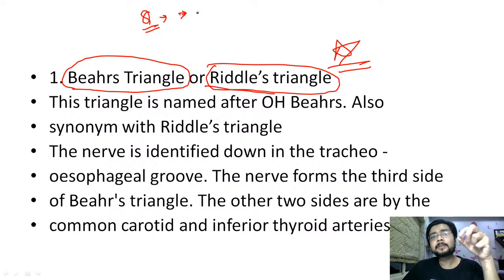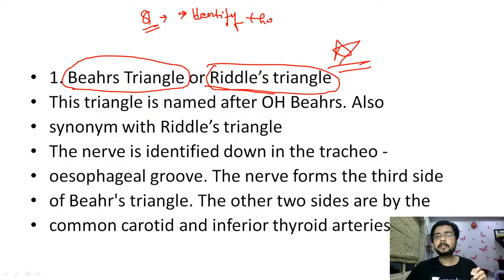This concept of tying the artery to preserve the nerves, near and away from the poles, has gone. What the concept is now is to identify the nerve. That means you need to identify the recurrent laryngeal nerve and superior laryngeal nerve and preserve them.